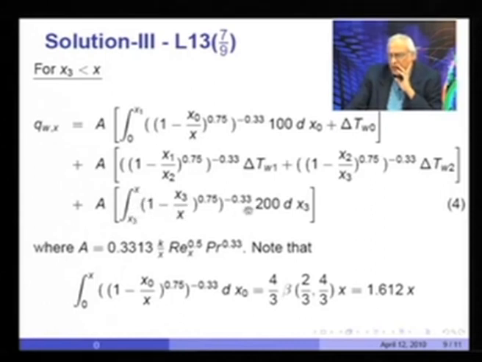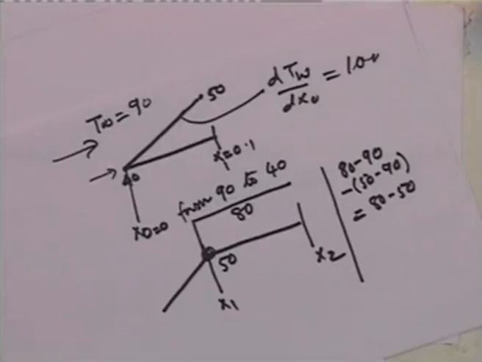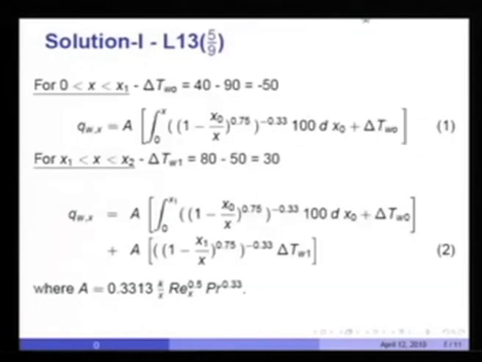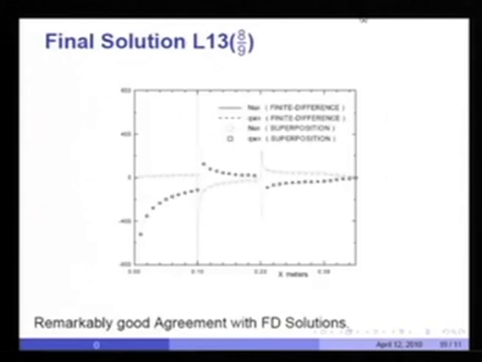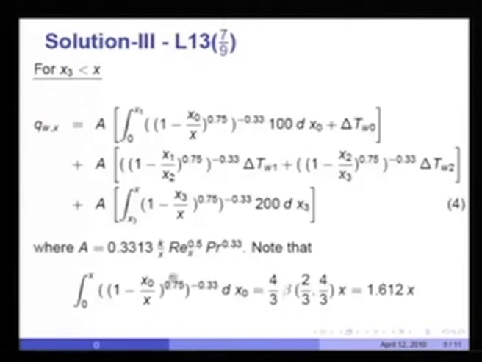There is no discrete change here, from 65 there is only a continuous change, and therefore, in the last part you will have 200 times dx. This is nothing but dTw by dx naught, and 1 minus x3 by x to the 0.75, where A is equal to all that. So, notice that we have slowly built up the solution by superposition.